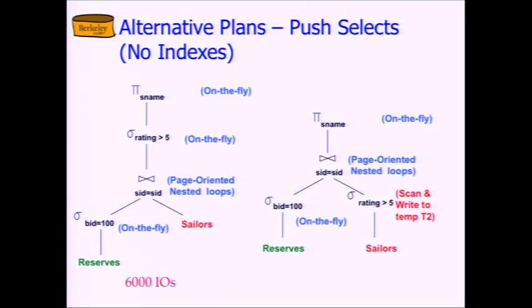It materializes its output. If we do that, well, you've got to work this out. Reserves is 1,000. The first time you read sailors, it's 500, and it costs 250 to write it down. That's the temp cost for writing. And then for every page of reserves, we scan the temp table, which is 250 big. So this is getting better.